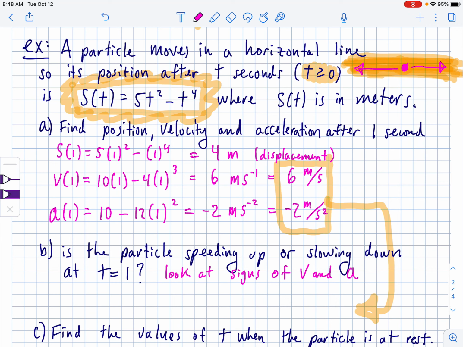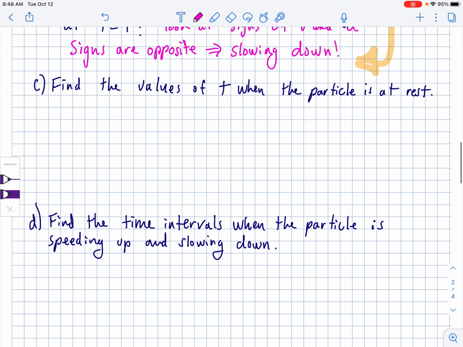So, because here one is negative and one is positive, that means it is slowing down. All right, so far so good.